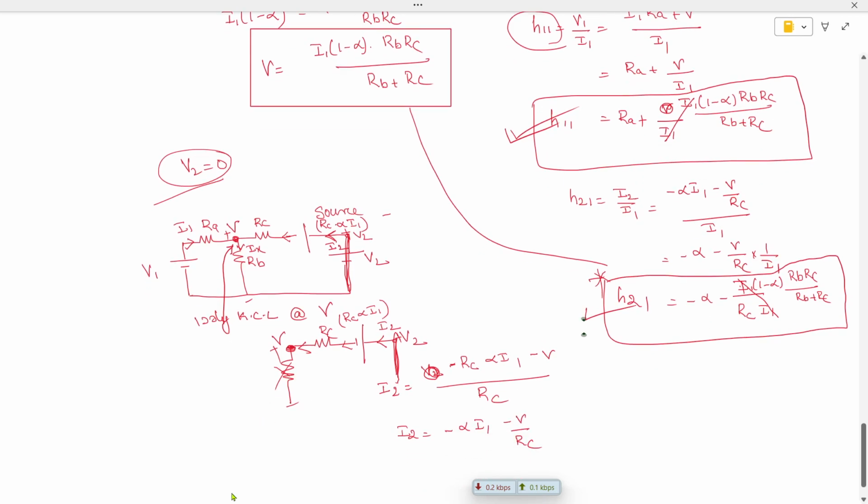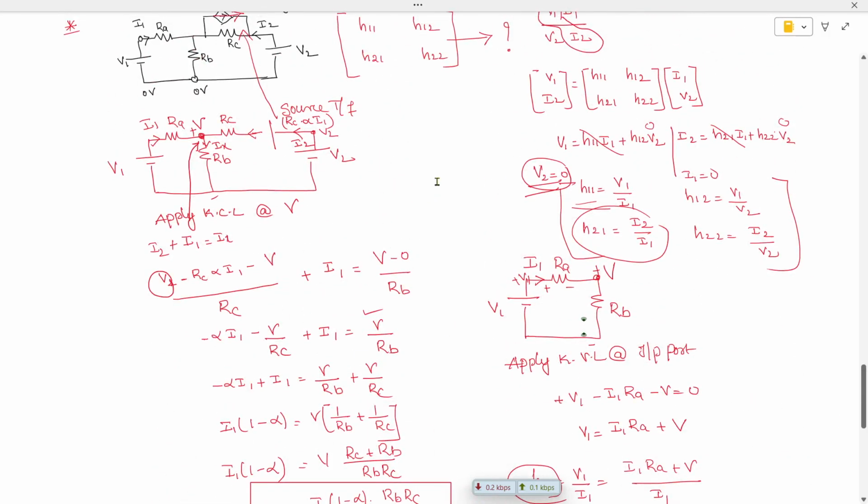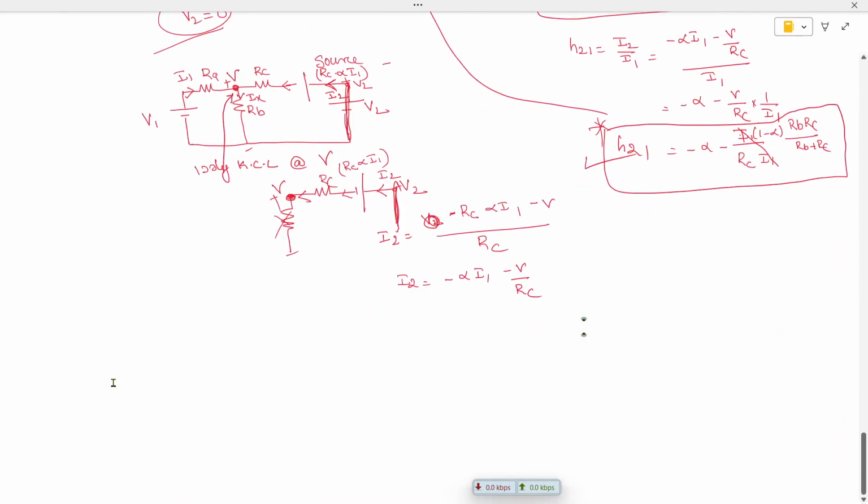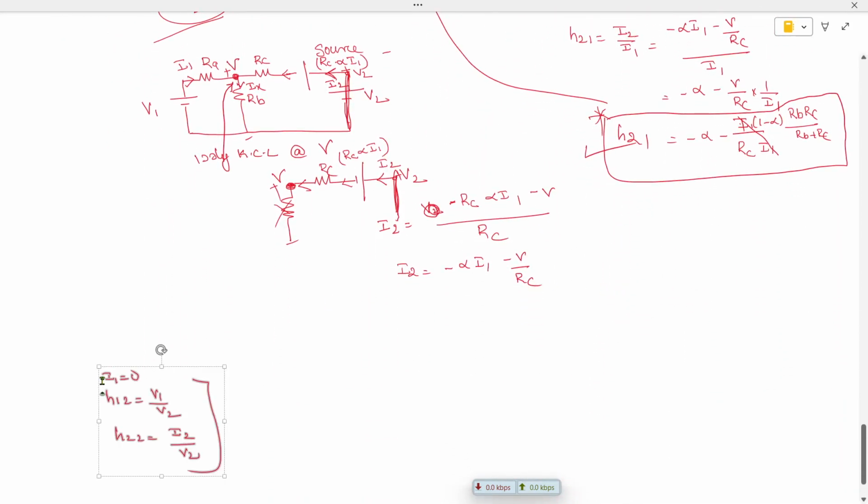So now we have to perform I1 is equal to 0. What is I1? This I1 is 0, and we have to find out these two parameters.